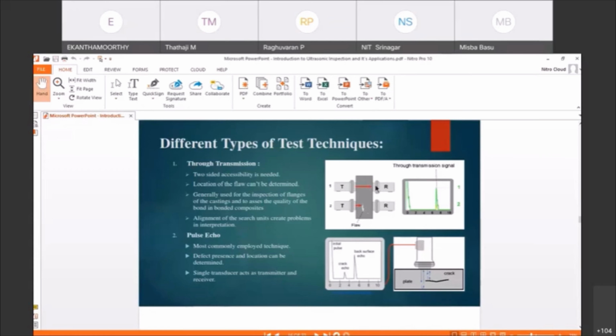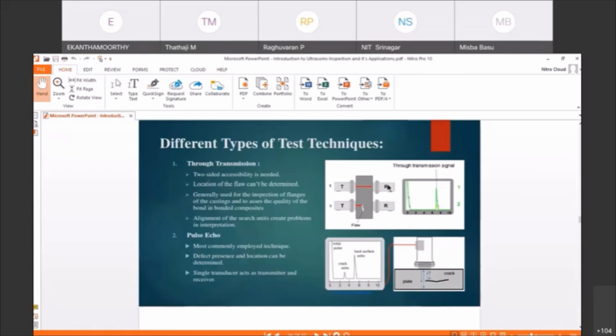In this kind of setup, during signal interruption, we can easily find whether any abnormalities are there or not. But the disadvantage is that it cannot tell the flaw location. This is the main limitation. Why? If any defect is there, suppose this is a flaw, the signal will not be received, and if it is not received, you cannot see the defect signal.